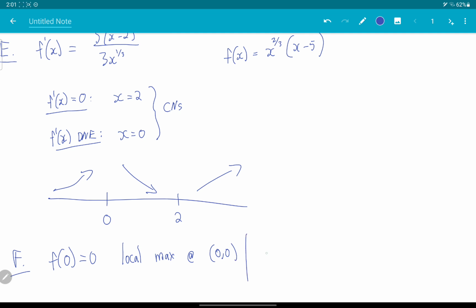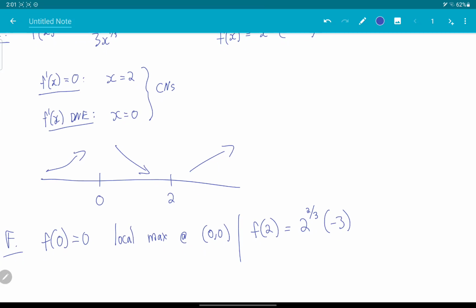And then we have f of 2, which is something unpleasant times -3. Okay, so if this happens on a test or something, we will give you the number.